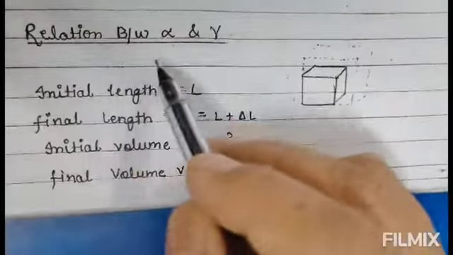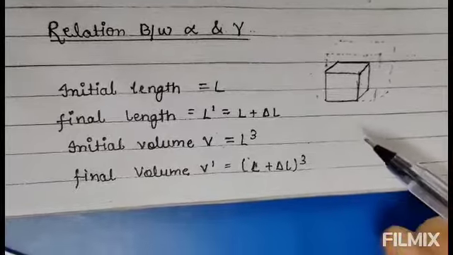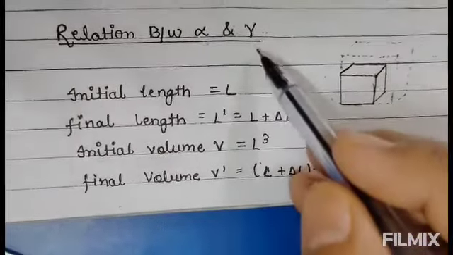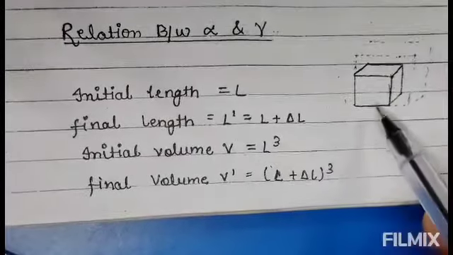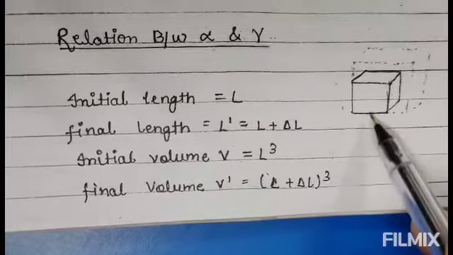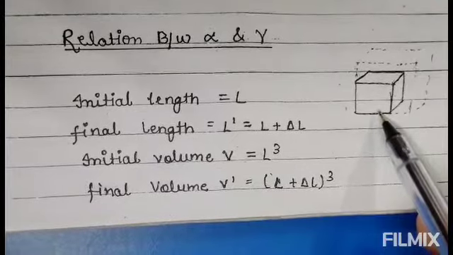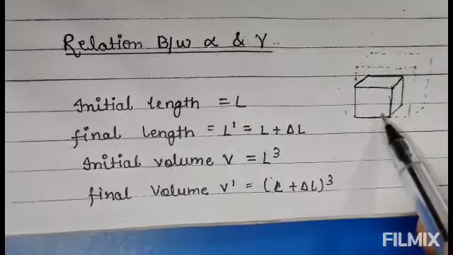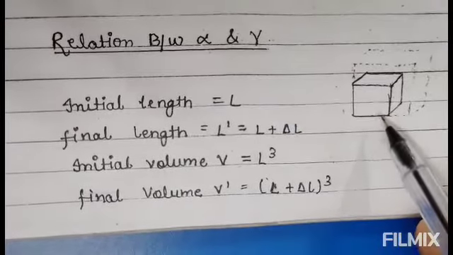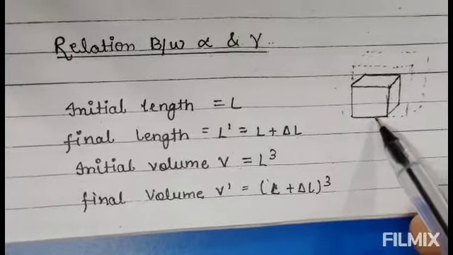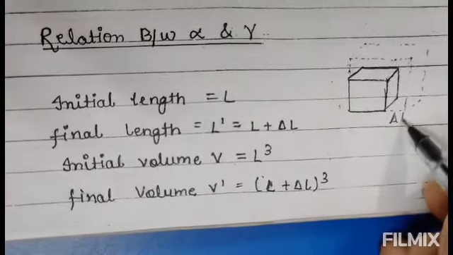We'll see the relation between alpha and gamma. Alpha is the coefficient of linear expansion and gamma is the coefficient of volume expansion. To prove the relation between these two, we have taken a cube of side L, and as we give temperature to it up to T2, the expansion would be in every dimension, that means in length, width and height.